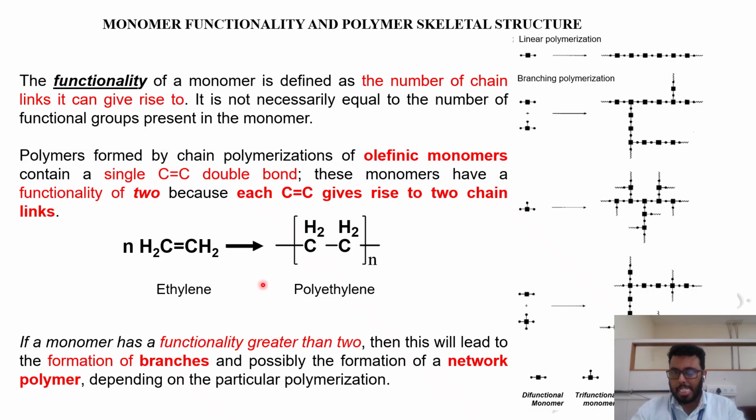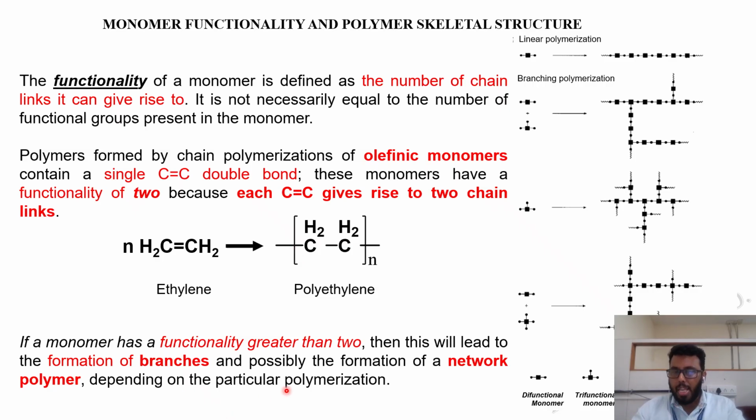It is not necessarily equal to the number of functional groups. For example, you all know functional groups: carboxyl group, carbonyl group, and different functional groups, right? So you should not count the functional groups. You should only count how many chain links it can give rise to. That is the functionality. Okay, let's move on to the next one.